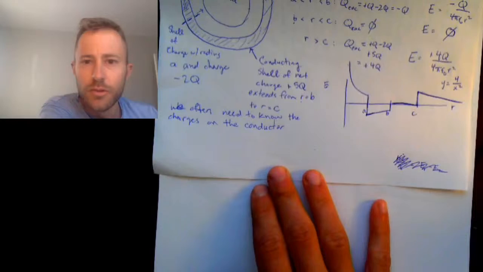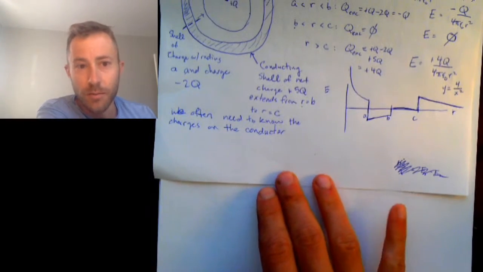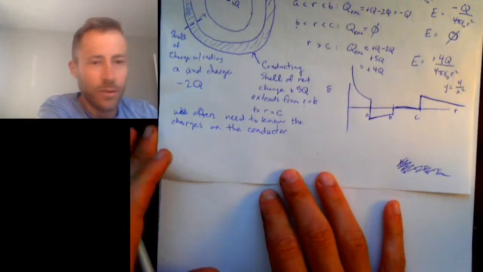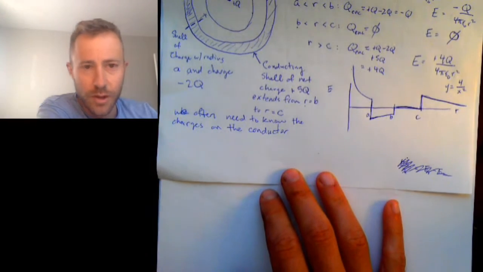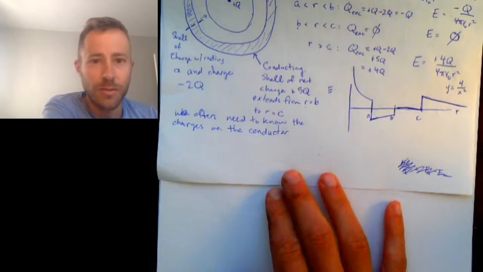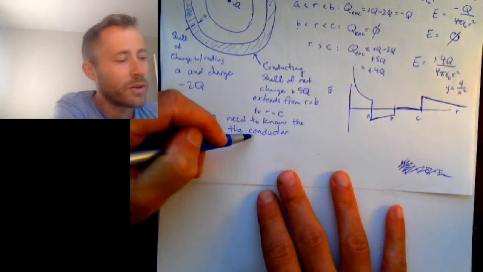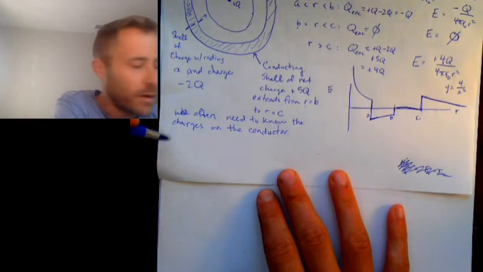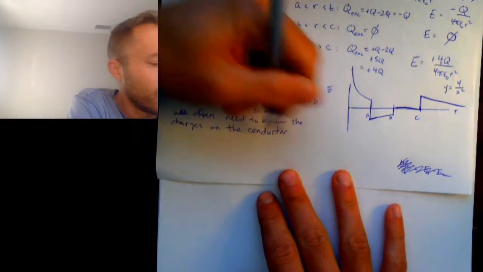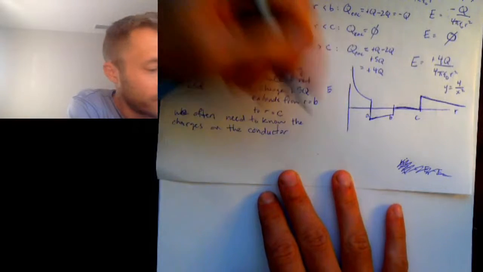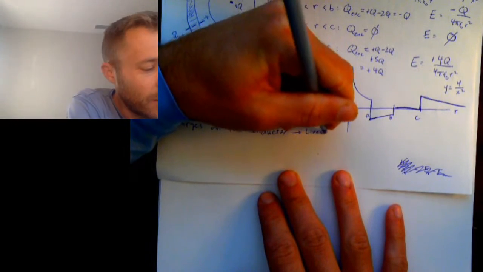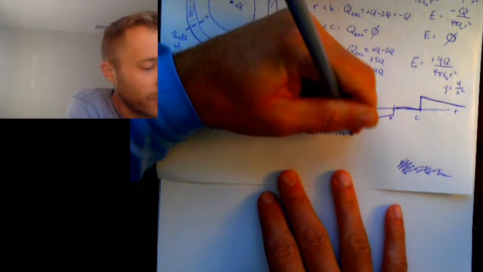Okay, so remember, again, in that lesson where I was gone and I pre-recorded the lesson, I talked about how the charge on a conductor has to live on its surface.